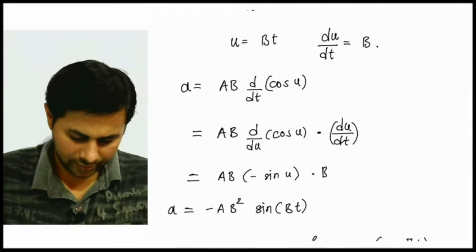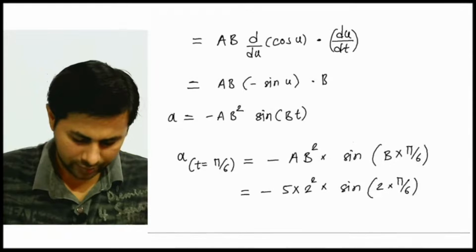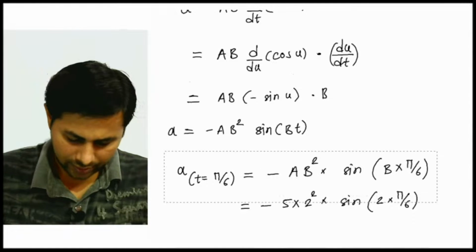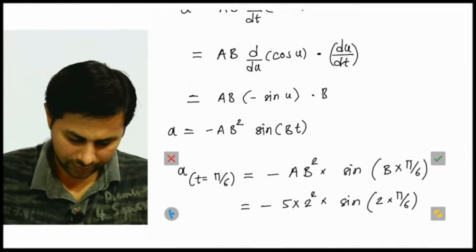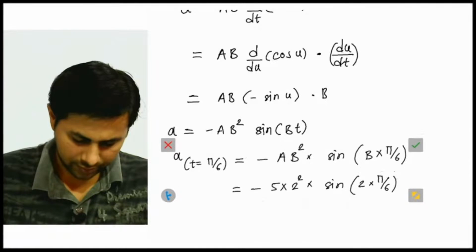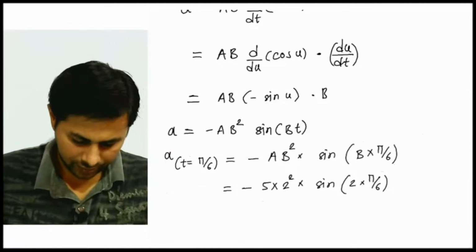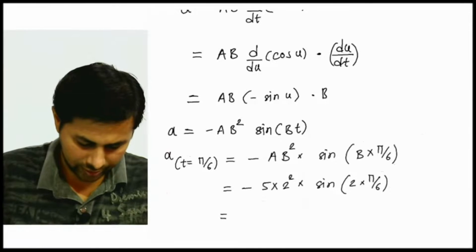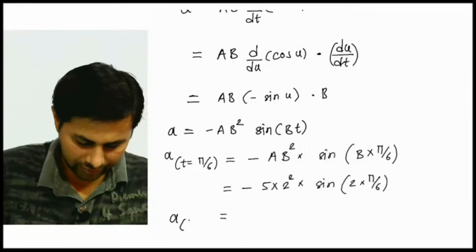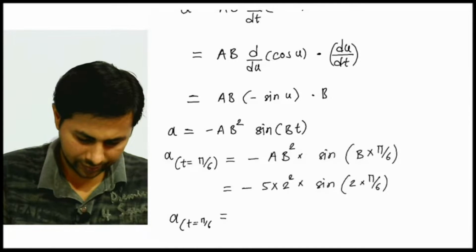So we get this is equal to A at t equals pi by 6.